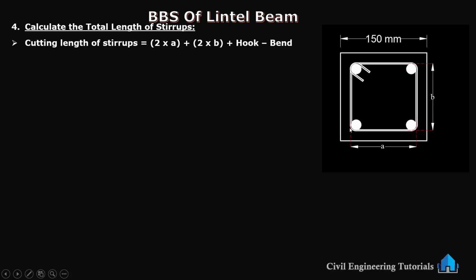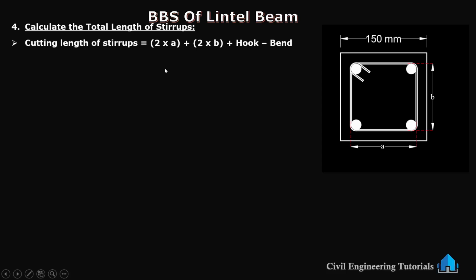What is A? A means this length, this depth, minus both side clear cover and minus half of stirrup dia on both sides. Total depth minus both side clear cover minus half of stirrup dia.